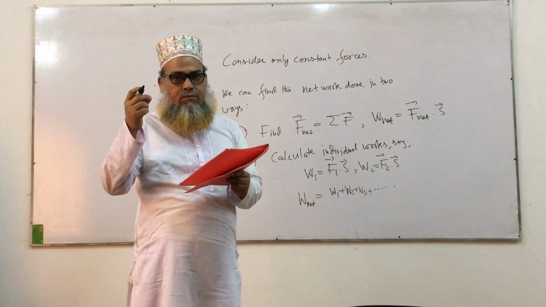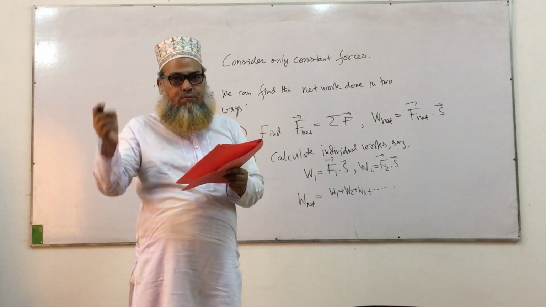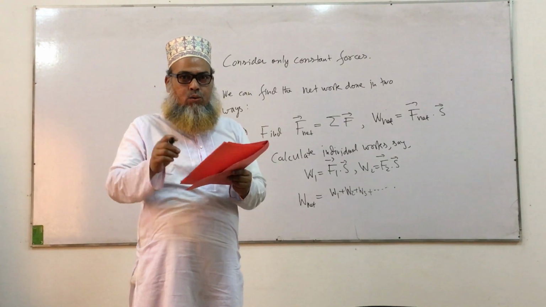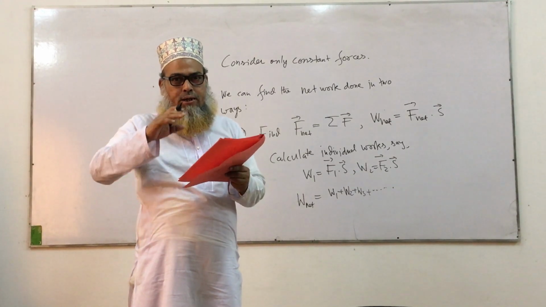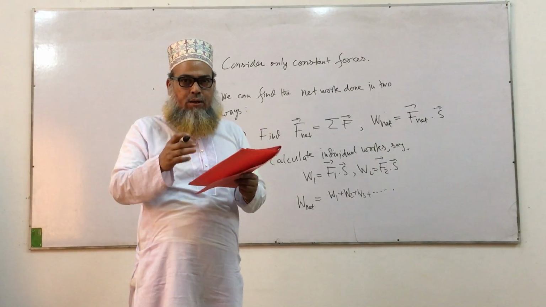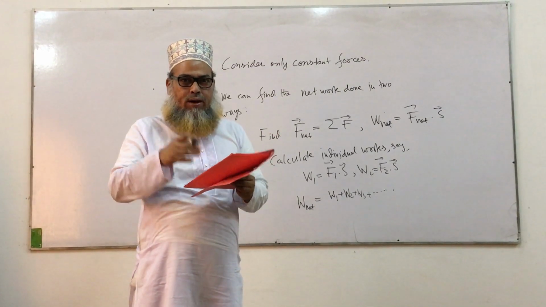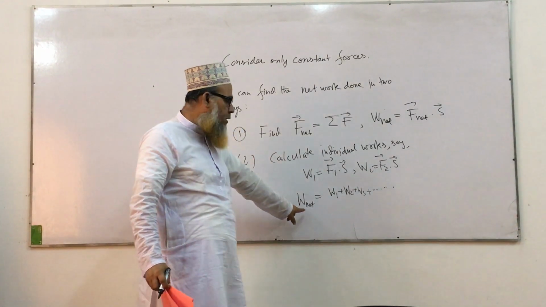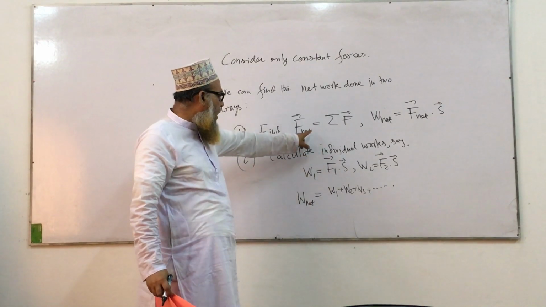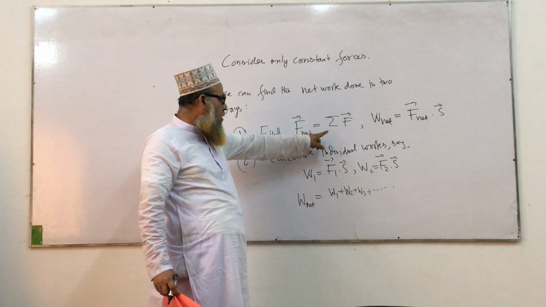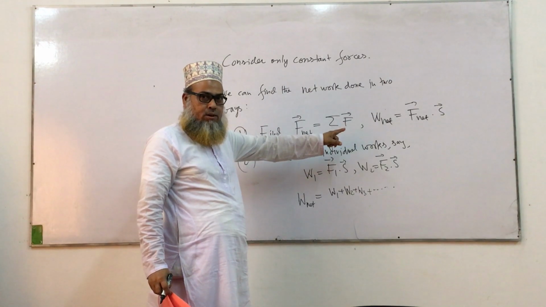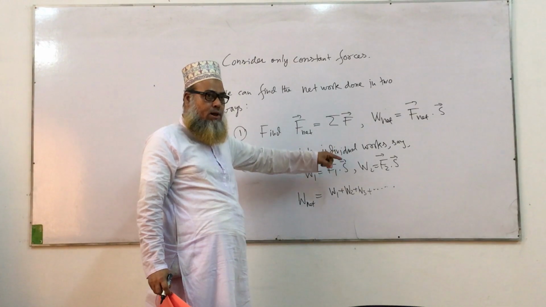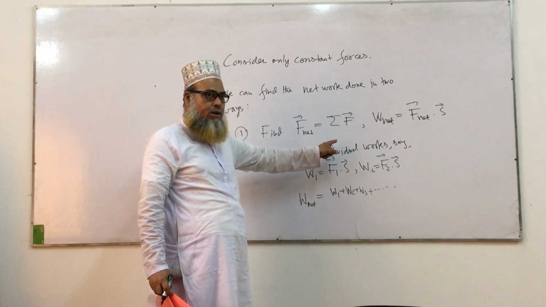Take a single force, find the work done by this force. Take another force, find the work done by that force. In this way, you consider all the forces and individually find the work done by each force on the body. Finally, you add all the individual works, you get the W net. The first process is a two-step process. First, you find the net force, in other words, the resultant force acting on the body.